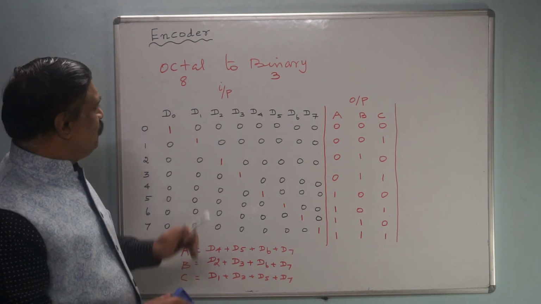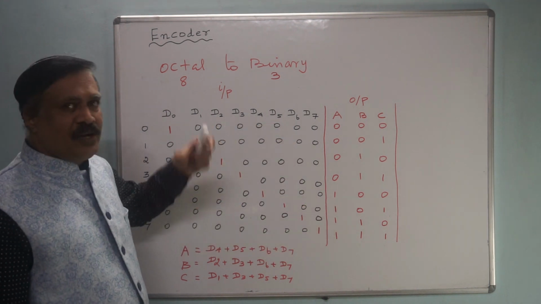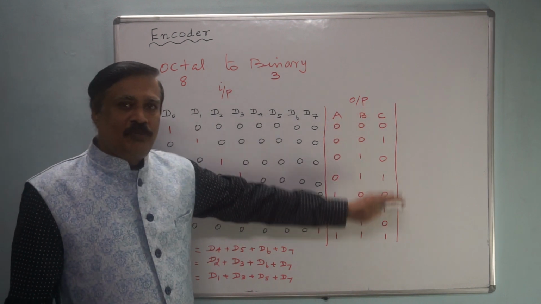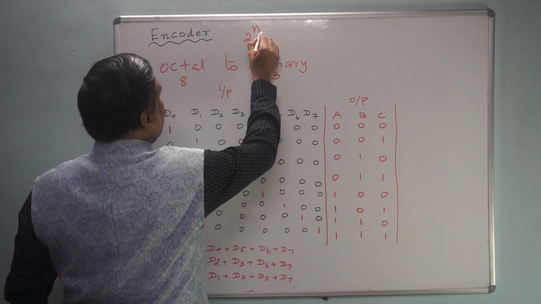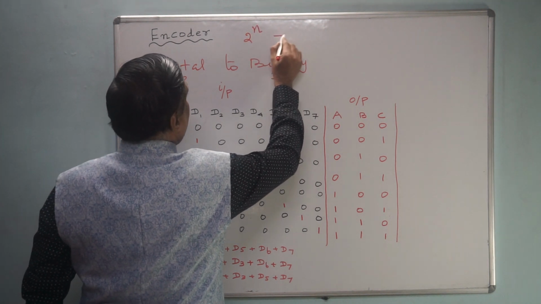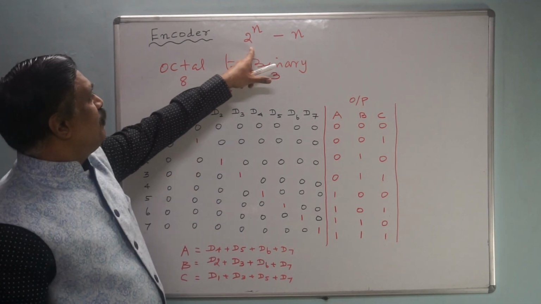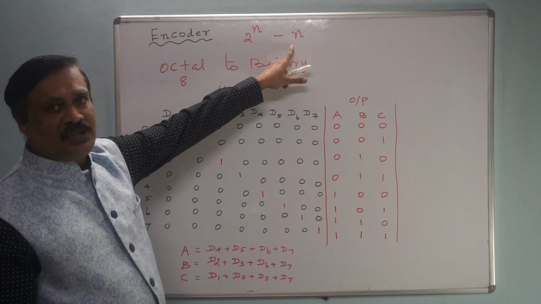Now what is meant by input, what is meant by output? Already you know, in an encoder more inputs will be there and outputs will be less. Here you can say 2 power n inputs and n outputs. Here 2 power 3 is 8 and n is 3.